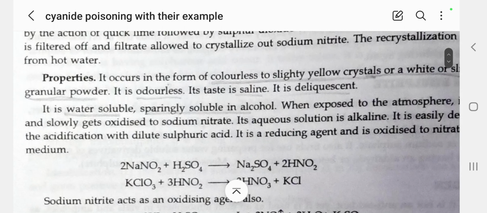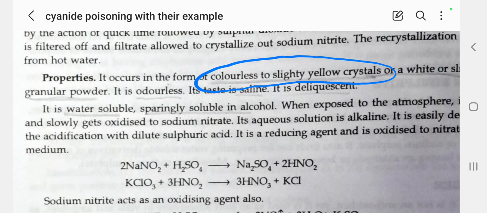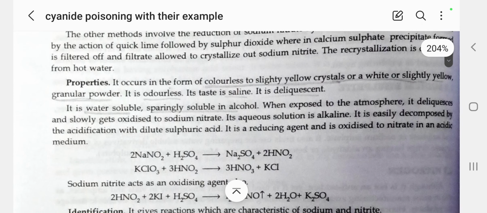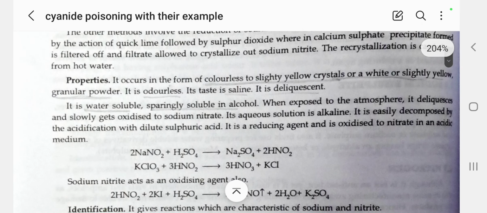Next we'll see the properties. It occurs as colorless to slightly yellow crystals, a white or slightly yellow granular powder.